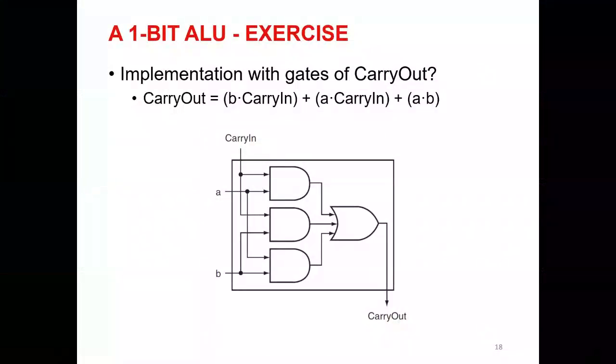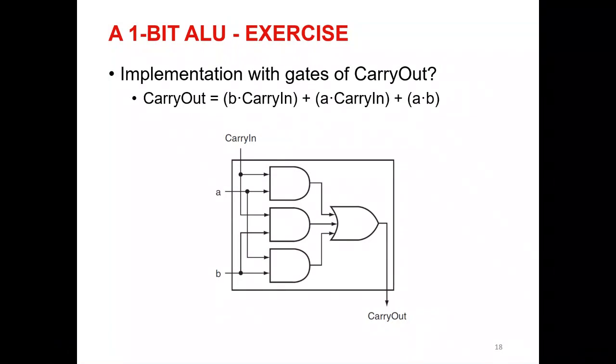Okay, so let's see. How do we implement this carry out with gates? So for instance, let's focus on the first component of this equation. We have that the carry out will be 1 if B and carry in, so if both of those are 1. So this is implemented in this AND gate.